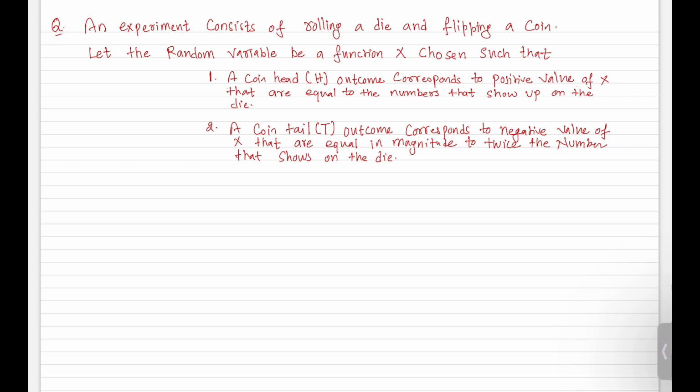It says an experiment consists of rolling a die and flipping a coin. So we are rolling a die and flipping a coin. This is our experiment. Now, as we have seen, we could have a random variable associated with that experiment, and that is what is given in the question: X is a random variable associated with this experiment.